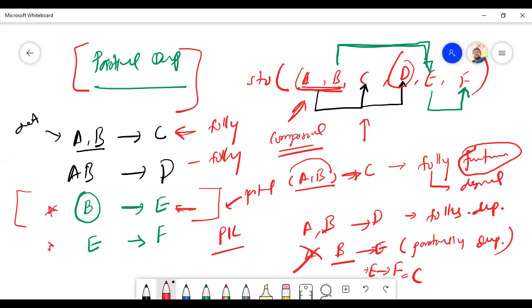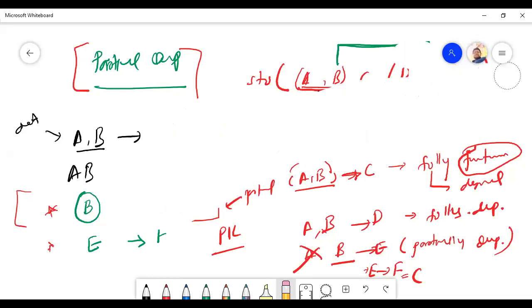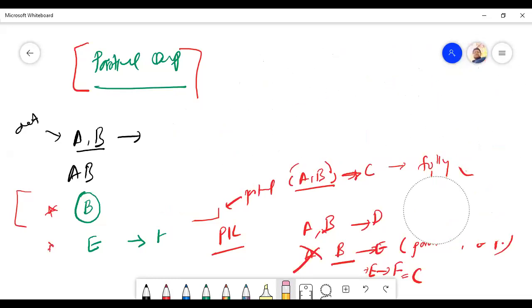Though we have a composite primary key, the E is only depending on the B, not the A. So in this case we are telling partial dependency, right? This is partial dependency. I'll show you another example. Then you will understand this one.